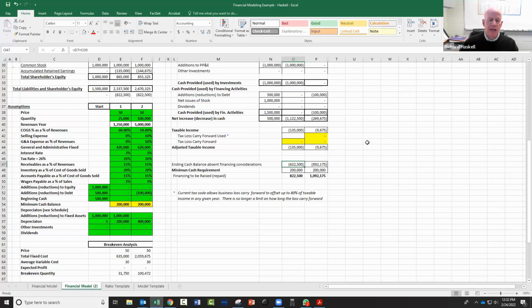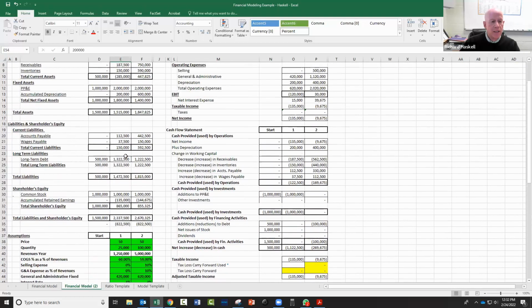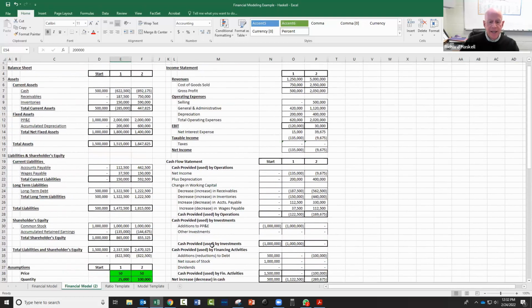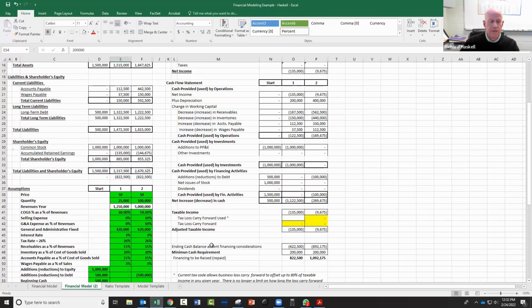So I like to see how much cash do I need to raise in order to meet my requirements. And in this case, I have a requirement where I want to keep $200,000 cash on hand as a minimum at any time. In this case, running things the way we did resulted in a negative cash flow. We'll go through that in a few minutes.